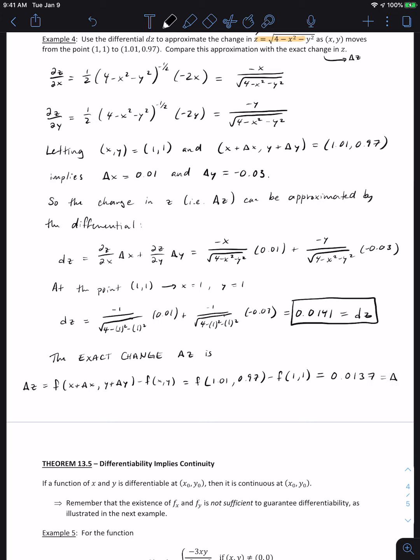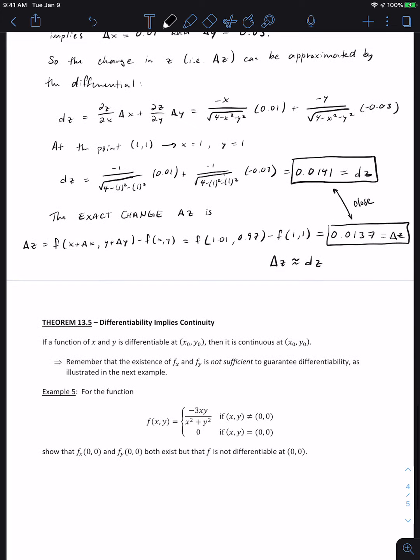So that's my delta z. And if you notice, they are pretty close. So the idea is that, again, delta z is approximately equal to my differential. And as you can see there, they're pretty close to each other.